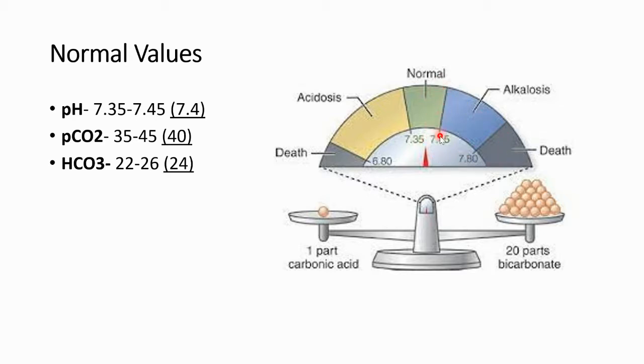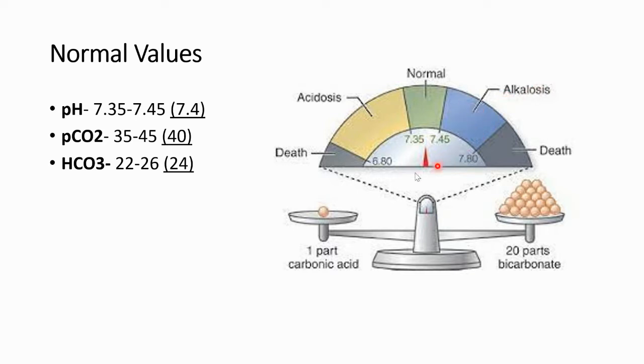If we think about the compensated range without getting too intricately detailed, which we will in another class, any pH less than 7.35, in general, we consider acidotic. As the pH is decreasing, that is an acidotic pH. When the pH is increasing, that's an alkalotic pH.